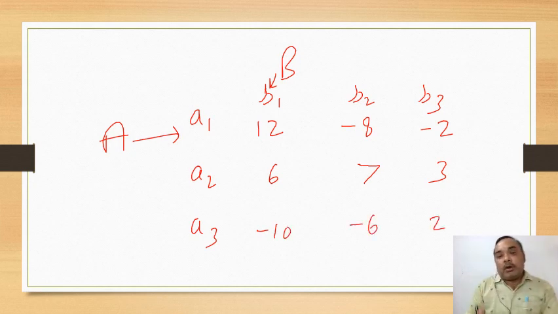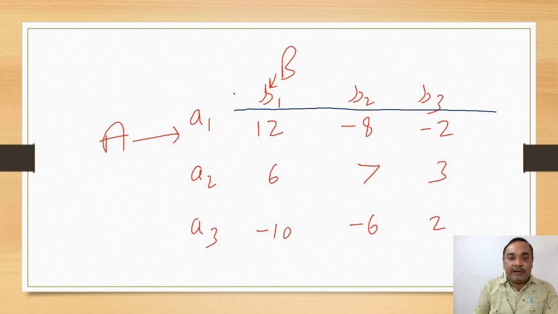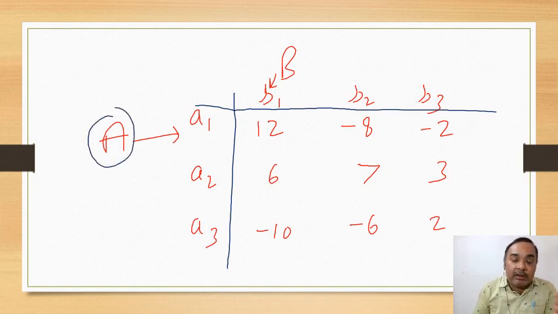Now, first of all, we must understand the values of the table. This payoff table is always drawn in favor of A, that is the company in the row.